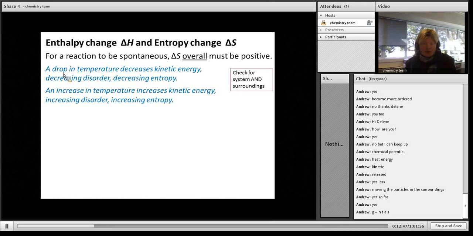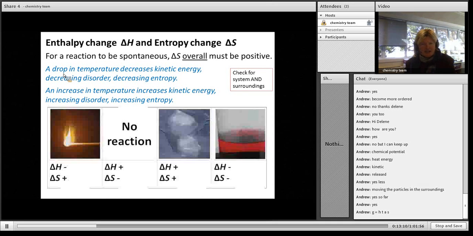Now, with these, and as I say, you've got to do this for systems and surroundings, because if you just look at the system, then you might say a reaction is not going to work, like your coffee cup. You can't have increasing order by itself, because we know by the second law of thermodynamics it shouldn't happen. So you have to look at that and the outside.